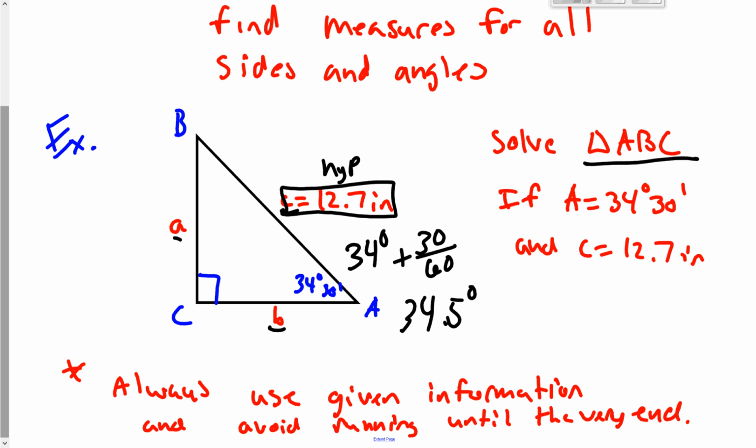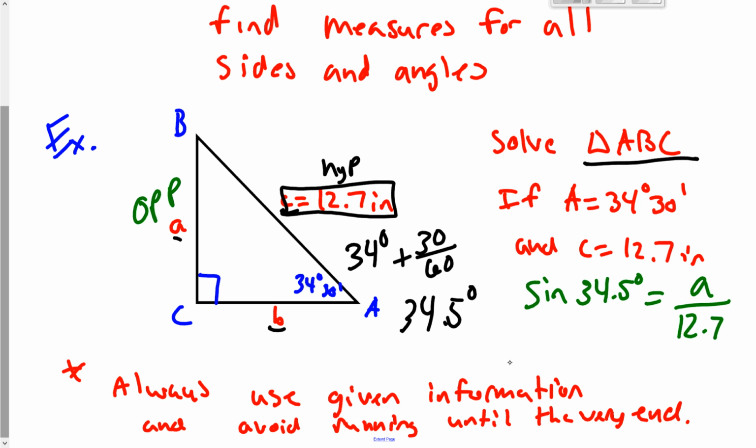Now we want to find both A and B, but we'll pick one, side a first, which is opposite angle A. So we can use sine. Sine of our angle, which is now 34.5 degrees, so make sure your calculator is in degrees, is equal to opposite, which is a, over the hypotenuse, which is 12.7.